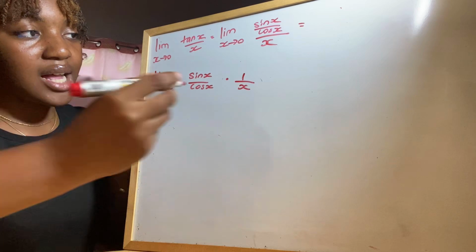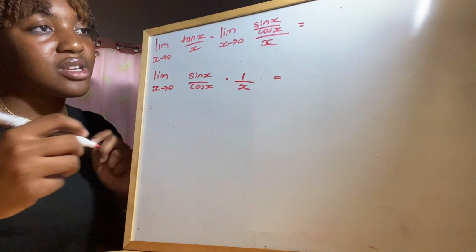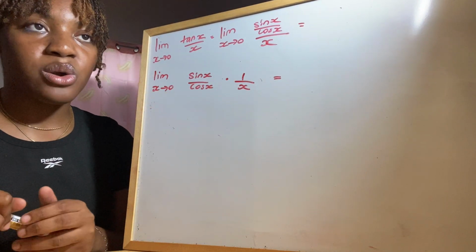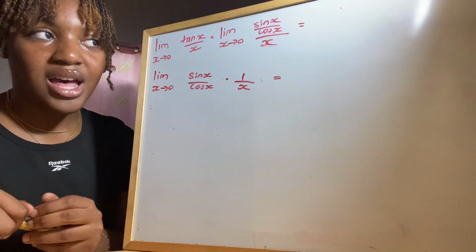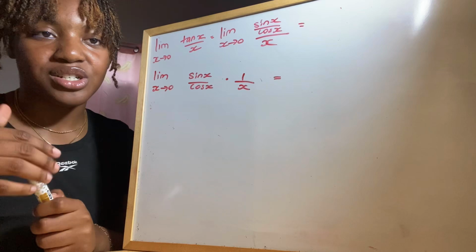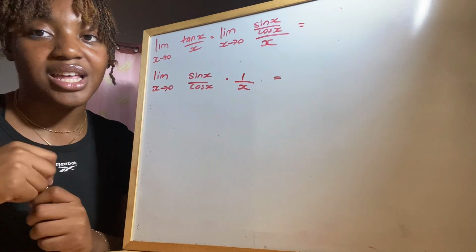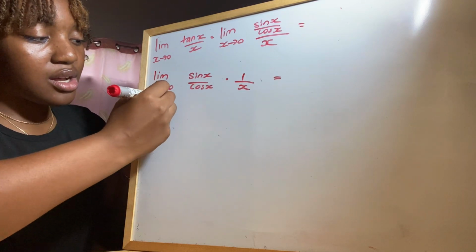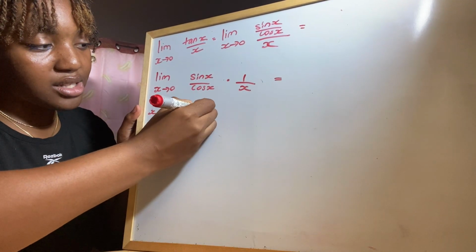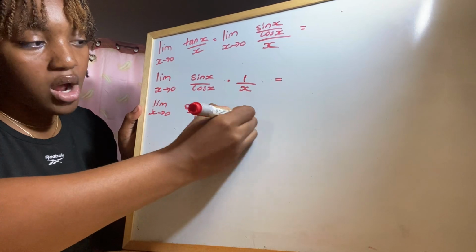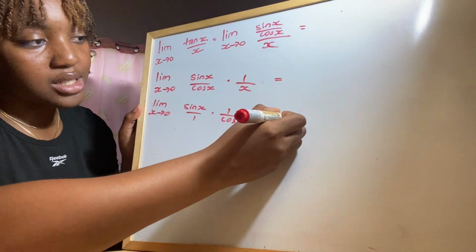Next thing is that just like in one of the previous questions where we had the sine 7x over sine 2x, and we separated the fraction, that is what we're going to do with the sine x over cos x. So we're going to have the limit as x approaches 0 for sine x over 1 times 1 over cos x over x.